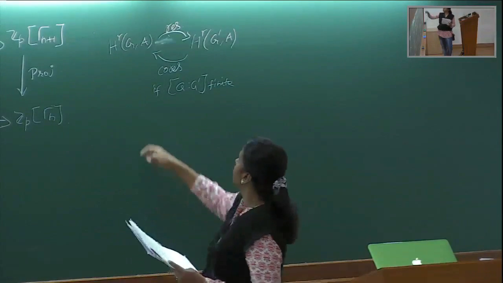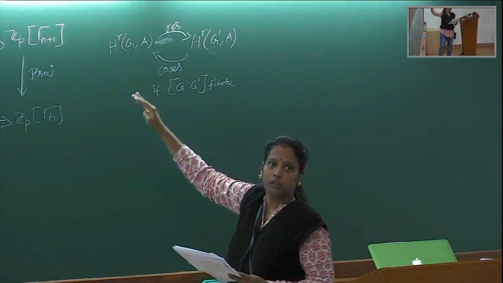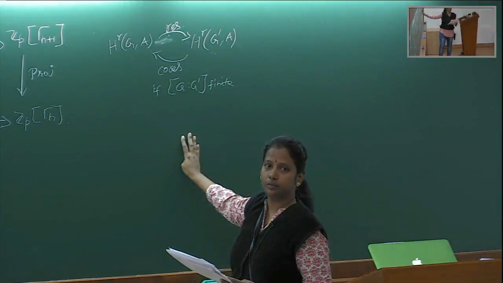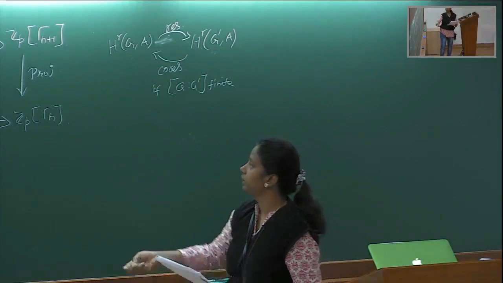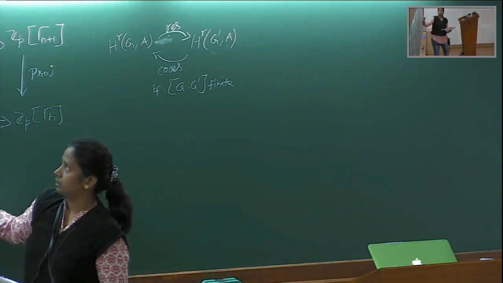When you have two groups G and G prime, and G prime is a subgroup of G, there is a restriction map, and in the reverse direction, if it is a finite index subgroup, there is a corestriction map. That map I am denoting here, the corestriction map. So this diagram commutes.